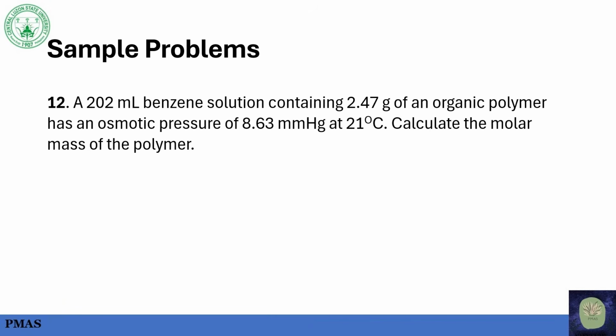So we can use the formula for osmotic pressure, pi is equal to the molarity multiplied by R and T. But we are to solve the molecular weight or molar mass of the polymer. So we need to derive the equation, since molarity is equal to the mass of solute over molecular weight times the liters of solution.